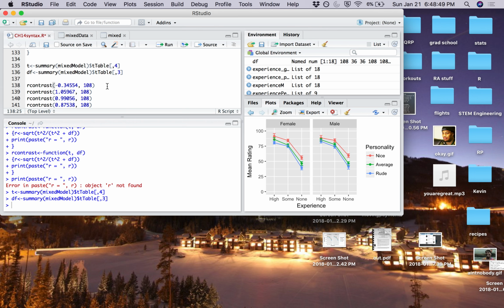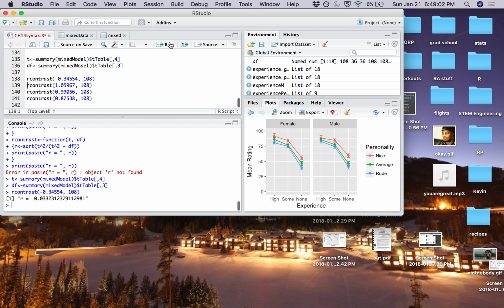So our first one is high experience versus some experience, nice versus average personality, and male versus female. So those are the t value and our degrees of freedom. And then next is no experience versus some, nice versus average personality, and male versus female.